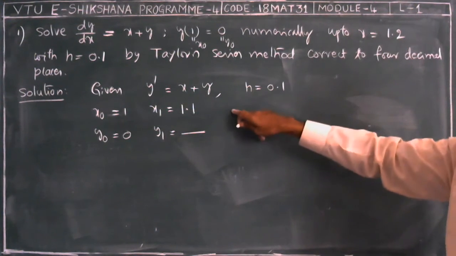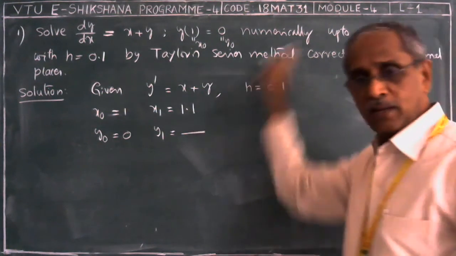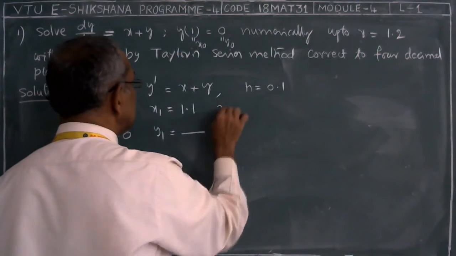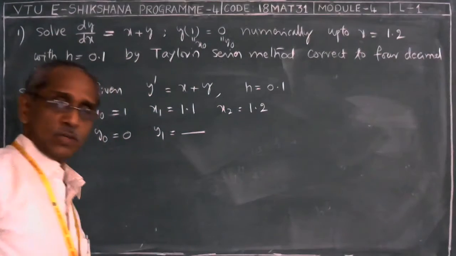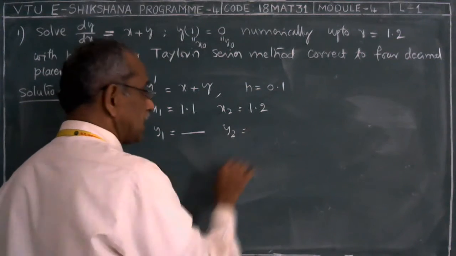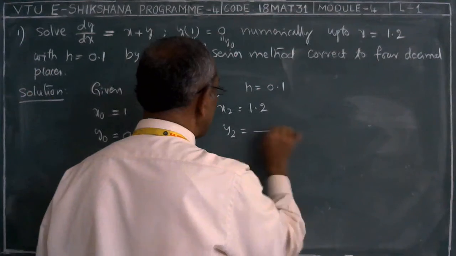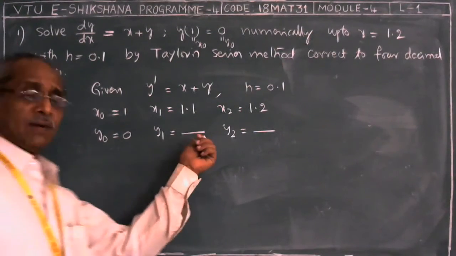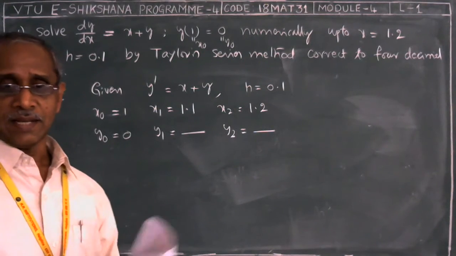So keep adding h to the previous value of x till you get 1.2. So 1.1 plus 0.1 is your next value of x. Let us write it as x2 is equal to 1.2, and I need to calculate numerically the value of y2 at x is equal to 1.2. So I need to fill these two blanks now. I need to find y1 first and then y2 using Taylor's series method.